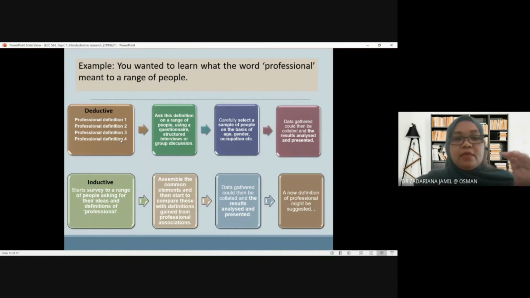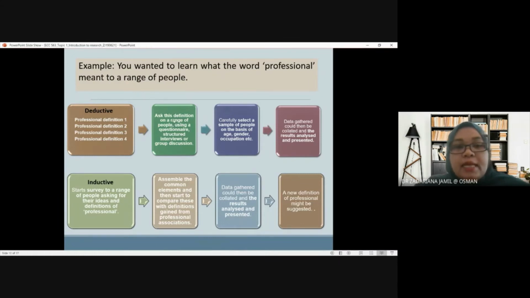That definition has already been established. You have definition 1, definition 2, definition 3, definition 4, from various bodies or references.